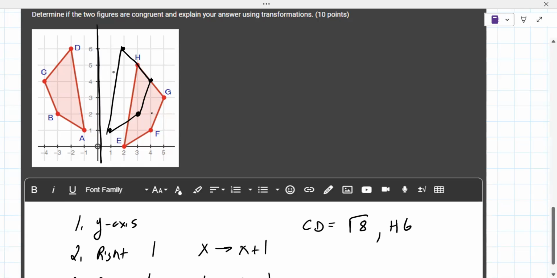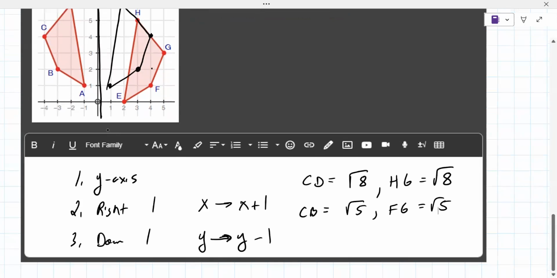And you could say that HG is also the square root of 8. And then we'll go C to B. That's the square root of 5, and that's the same as F to G, which is the square root of 5.